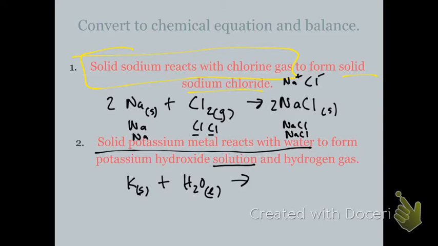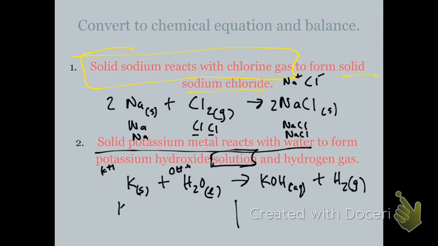Whenever you see solution, that means the word aqueous. Potassium hydroxide is K plus 1 and OH minus 1. So this will give you KOH. It's solution, so it's what we call aqueous, or in water, plus hydrogen gas. Remember, hydrogen is diatomic. This is my equation, okay?